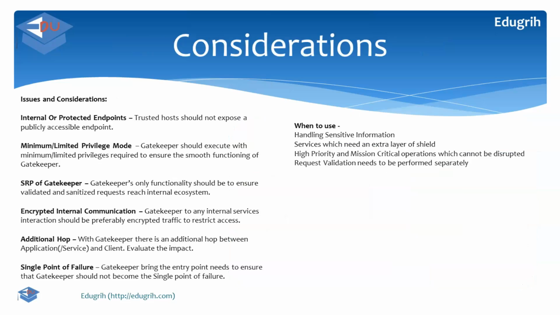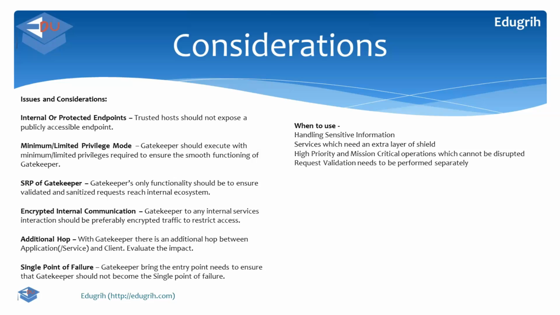So what are the different design considerations which we need to keep in mind if we want to evaluate this particular pattern? Internal or protected endpoints. Trusted hosts should not expose a publicly accessible endpoint.